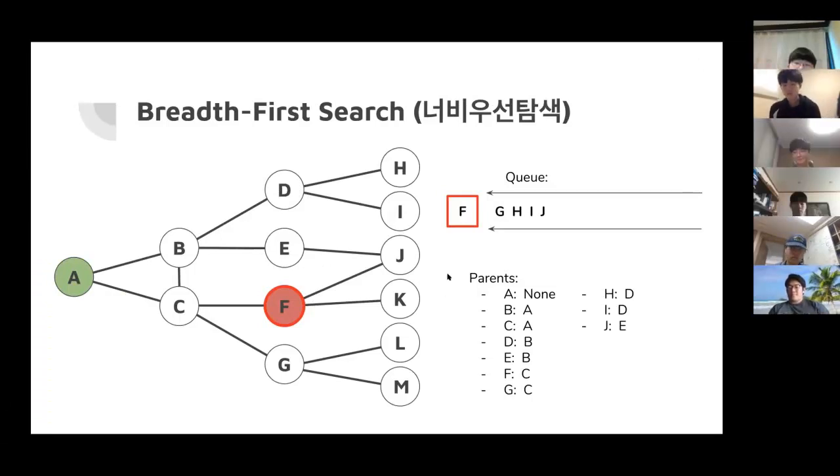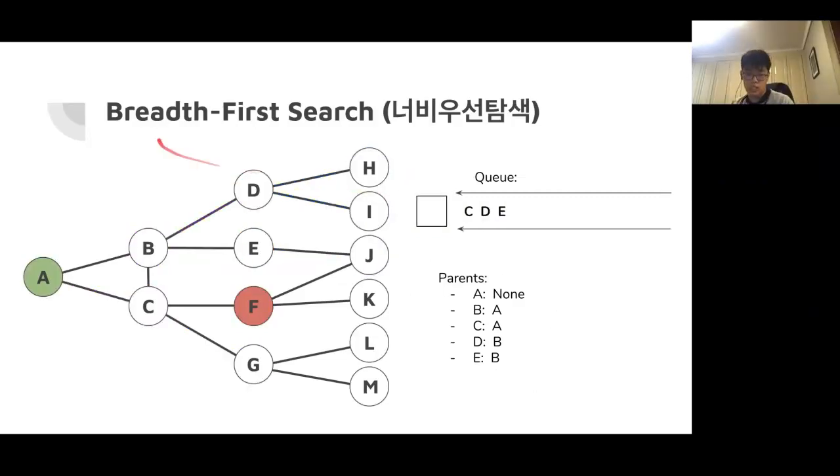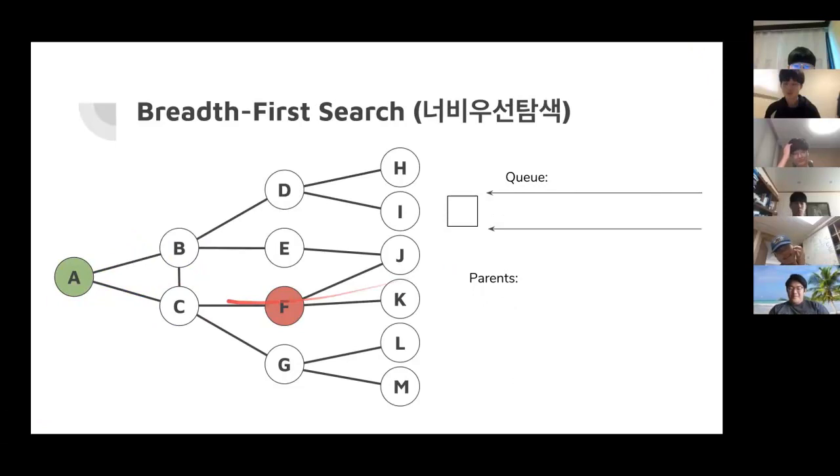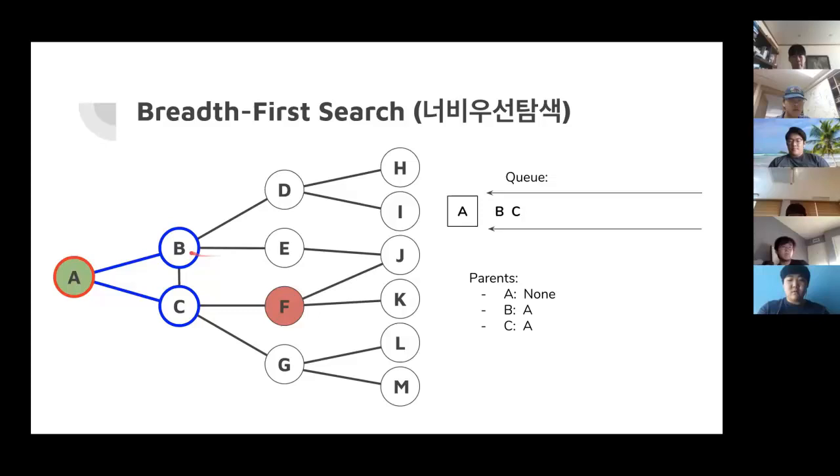This is where parents come into play. Let's go to the beginning again and let's see what parents does. For those of you that did not listen to me, I actually looked at parents. You kind of have a gist of what this does. As we input every node into the queue, we get something called parents. So if you see here, we pushed B and C into the queue because of A, right?